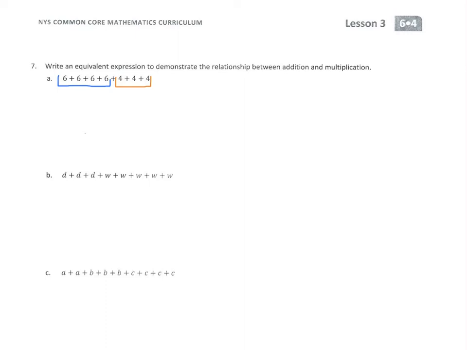I could write 3, put some parentheses in there, times 6, because those parentheses can act as a multiplication sign, and then plus 3 times 4. And don't worry if you're really excited that I made a mistake. Hold on, I'm going to correct it. Because yes, that should be a 4. Because there are 1, 2, 3, 4 6s.